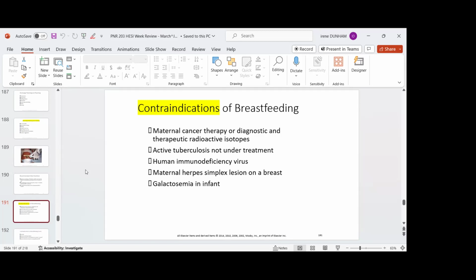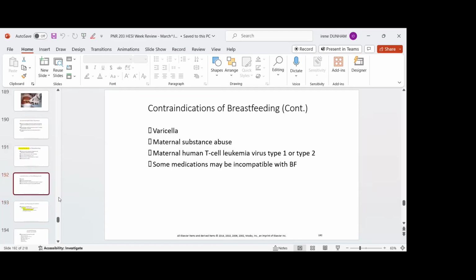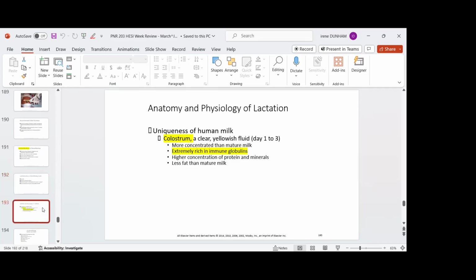So what happens is that there's sugar in breast milk, a little bit, and so that will not be good for baby. That's why she can't breastfeed. Of course, chickenpox or maternal substance abuse, you don't want that. And then some medications that mom may be on, maybe you wouldn't want her to be breastfeeding.